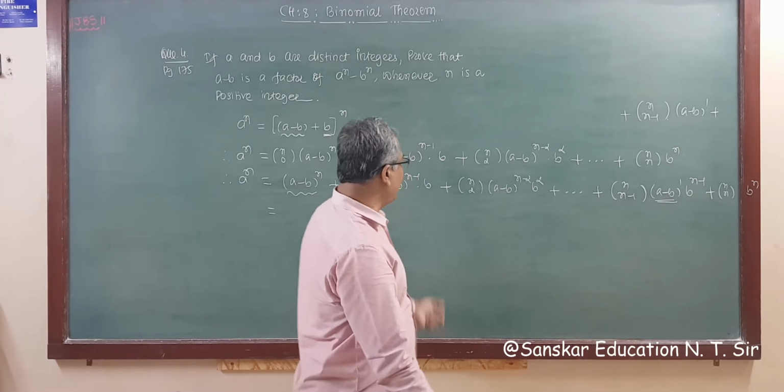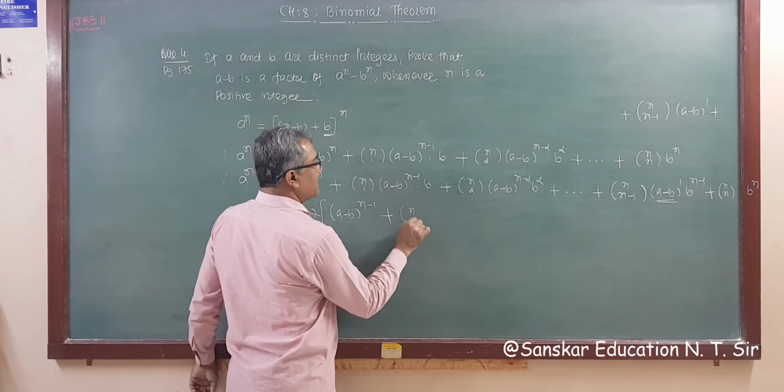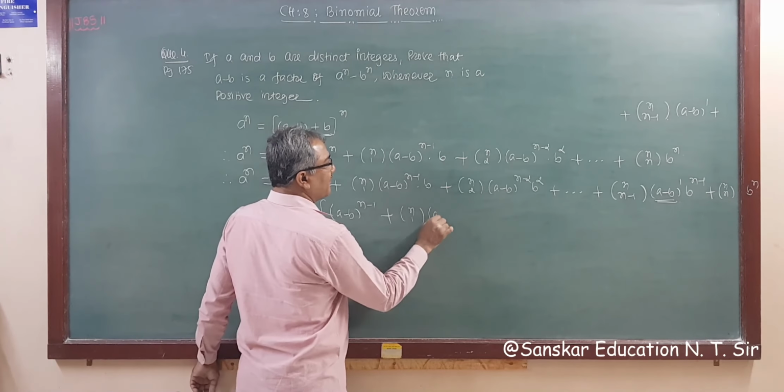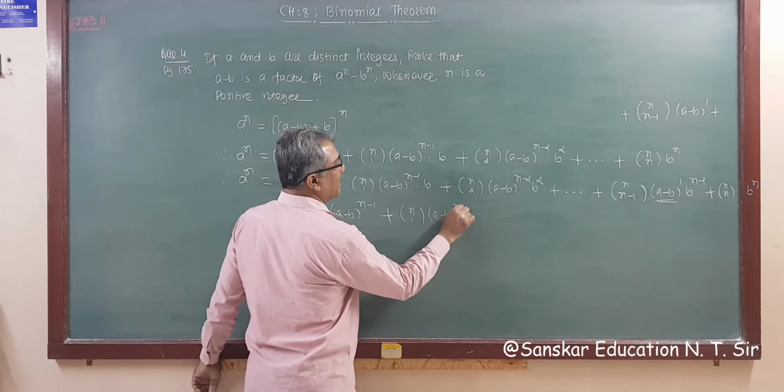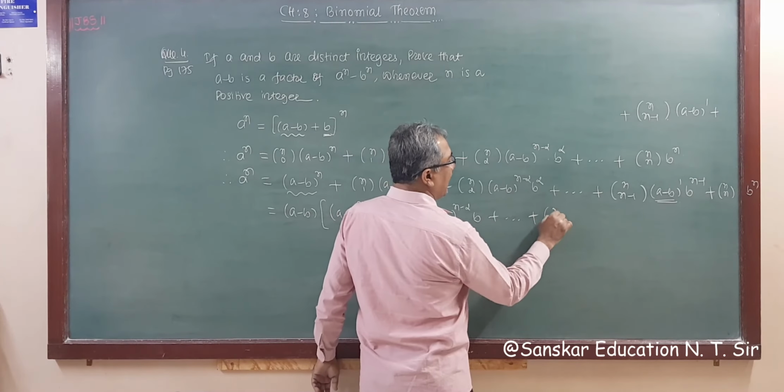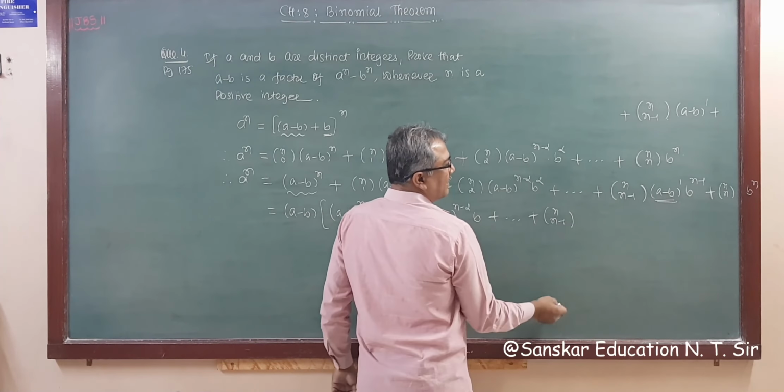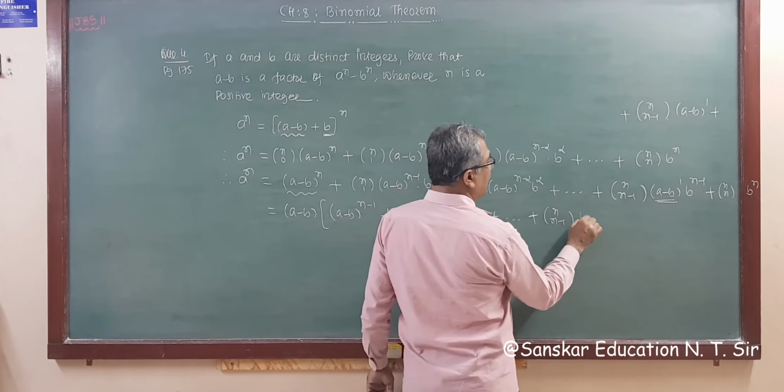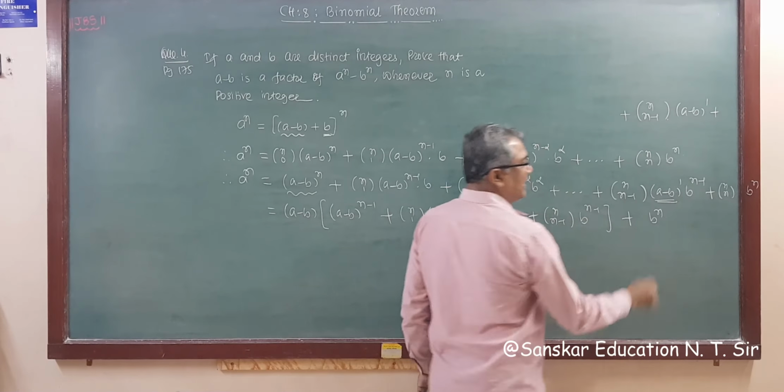So taking a minus b common, remaining will be here a minus b raised to n minus 1, plus nc1, and here one less, that is n minus 2 into b, plus dash dash dash. And this is the last term, so plus nc n minus 1 b raised to n minus 1, and plus ncn is 1 and b raised to n is remaining.